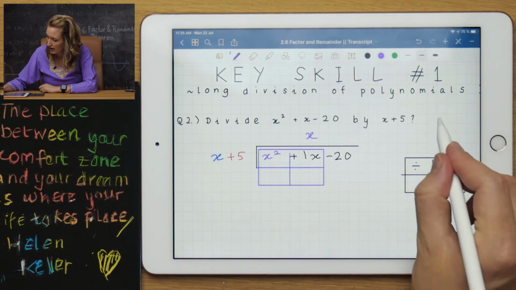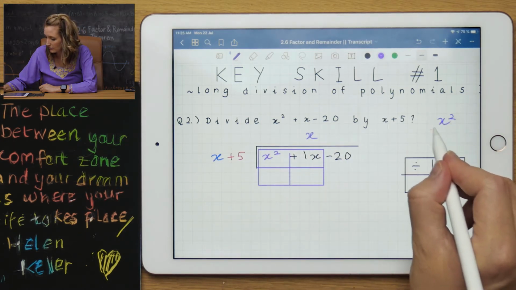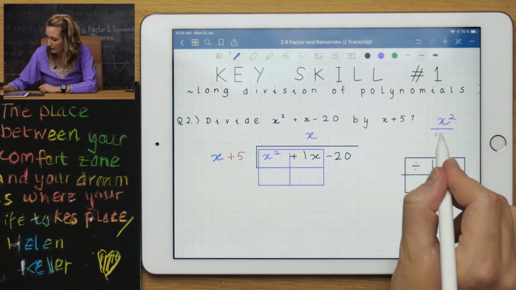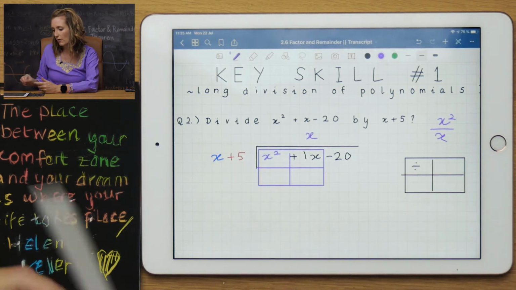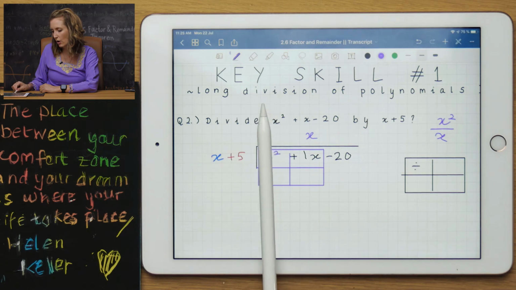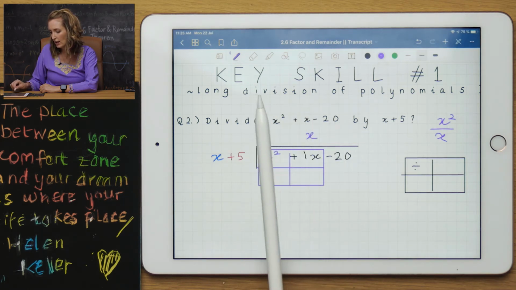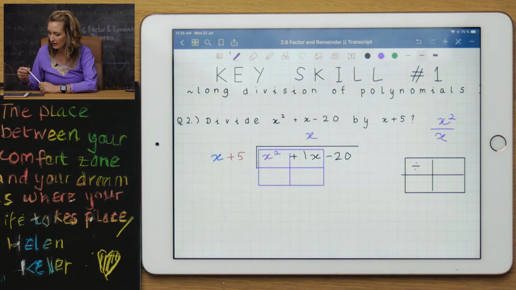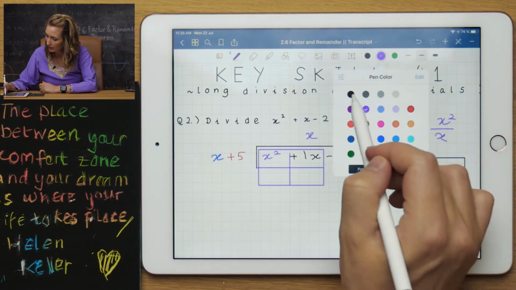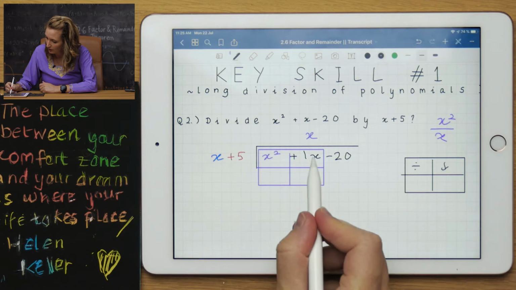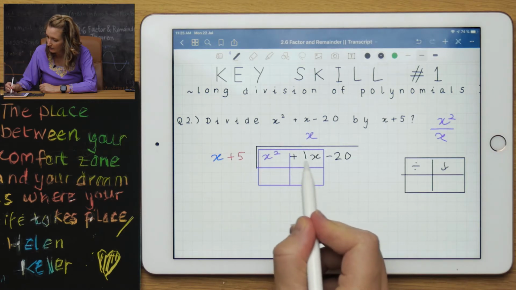I always keep my columns: x squared, x, numbers, so decreasing powers of x. The top right one you usually pull down, or in this case, it's already here in the first line.